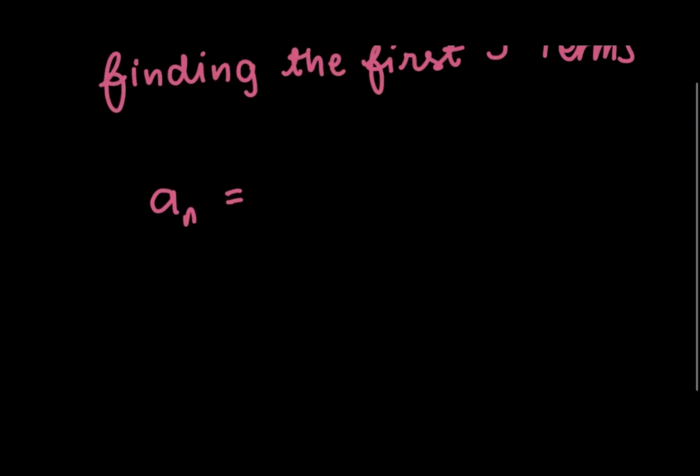Next we have a sub n equals 12 minus 3n. Since we are subtracting, our terms now will decrease.